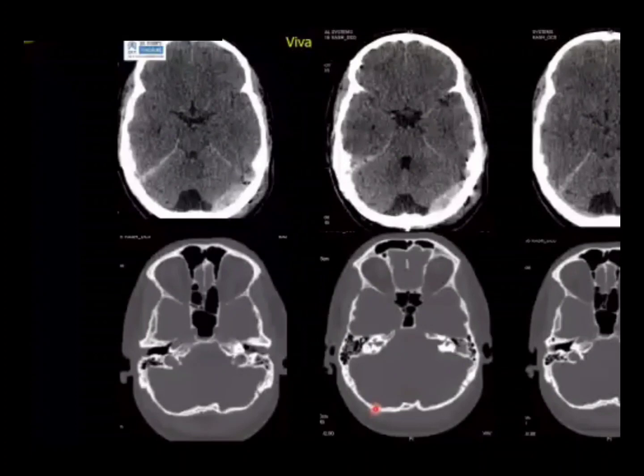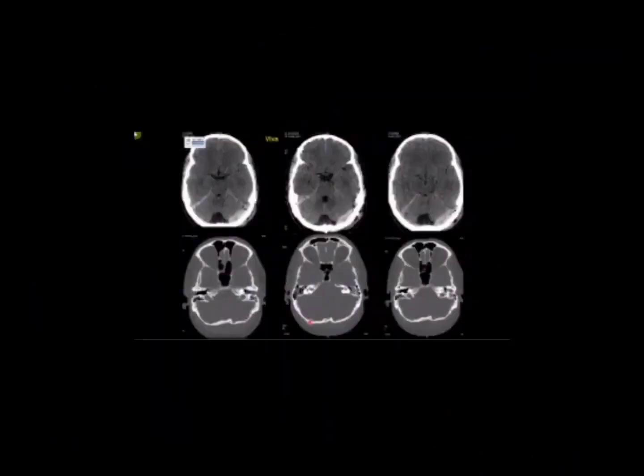This is CT brain, axial cuts, soft tissue and bone window. I can see there is an area of blood density on the left occipital region, giving a biconvex shape, which is extradural hematoma. I can see high density along the tentorium, more on the right side, suggesting underlying hemorrhage.